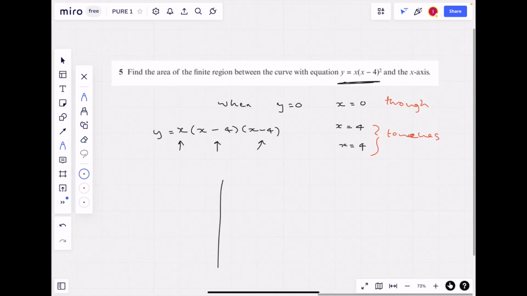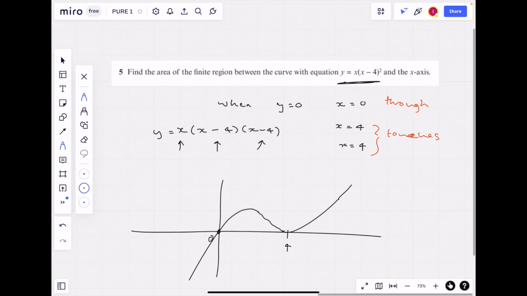Okay, now let's try and draw. It's going to go through 0 and it's going to touch 4, like that. It says, find the area of the finite region between the curve with equation blah blah blah and the x-axis. So you're going to shade this portion.